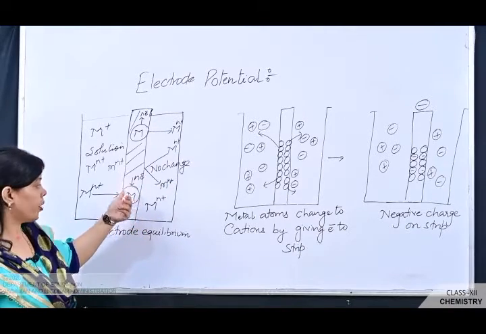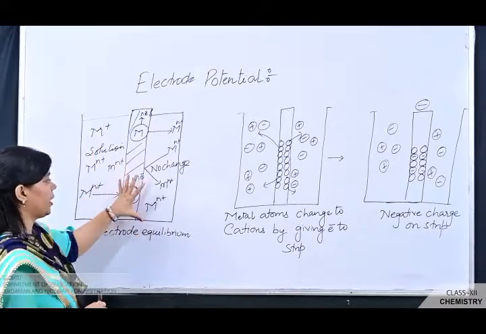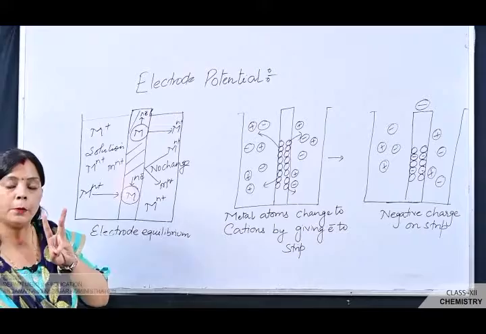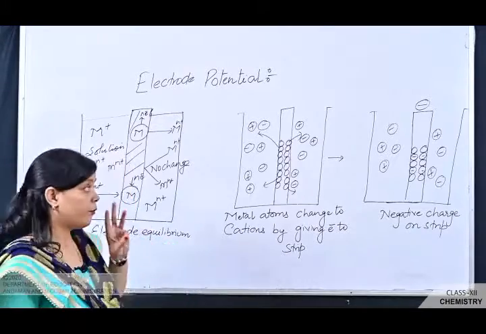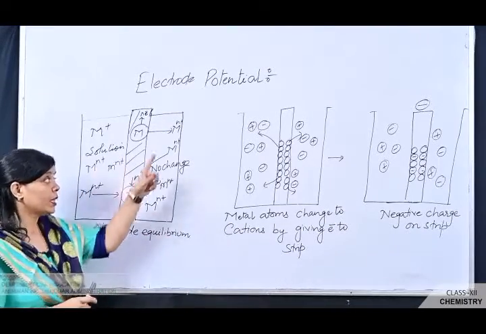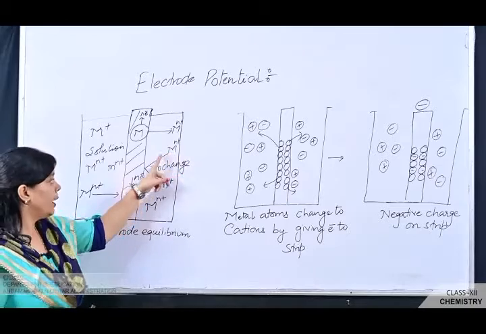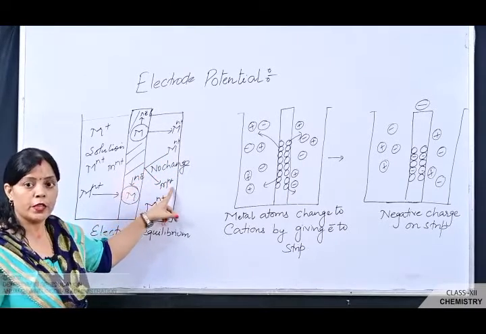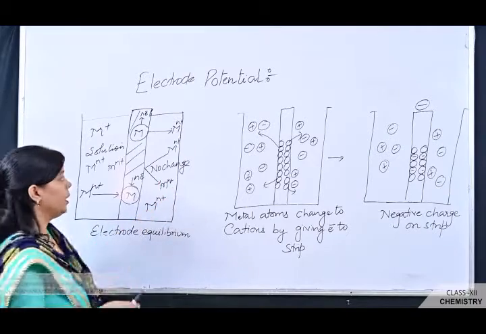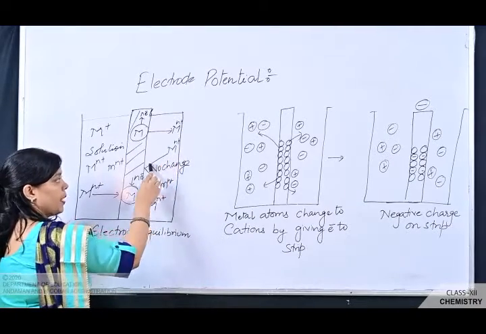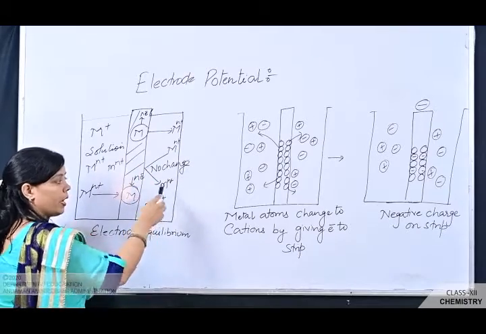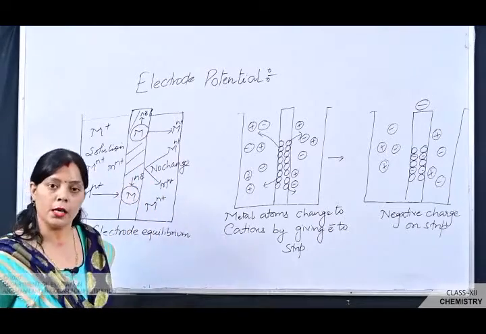then three possible processes can take place. The first process is that the metal ion may collide with the metal strip and bounce back without undergoing any chemical change.